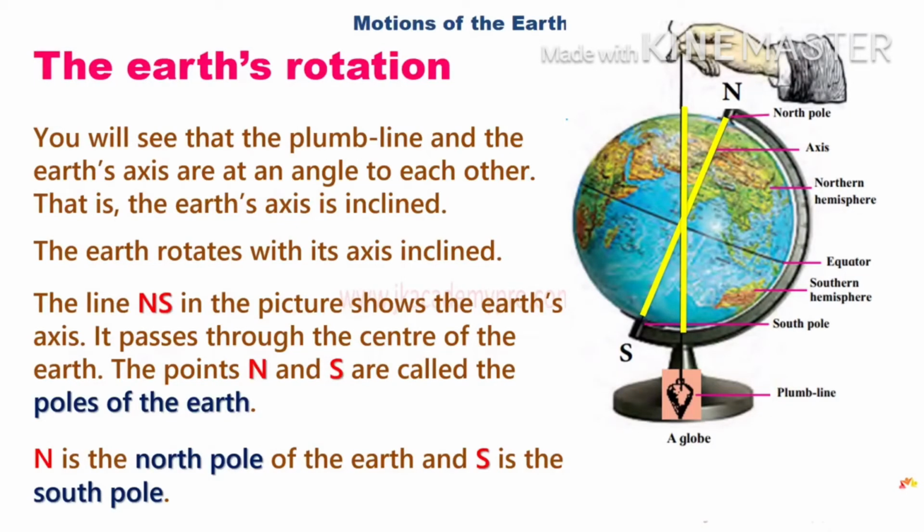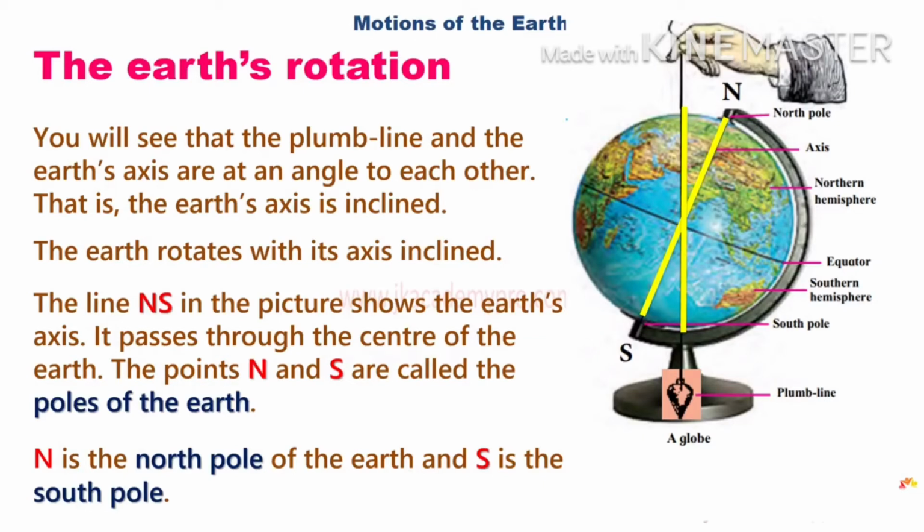Now the line NS in the picture shows the earth's axis. It passes through the center of the earth. The points N and S are called the poles of the earth. N point means North Pole and S point is South Pole.